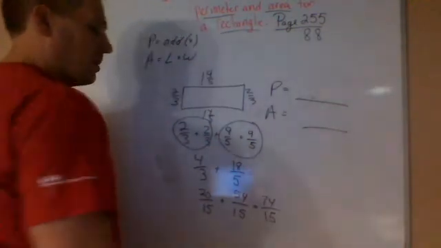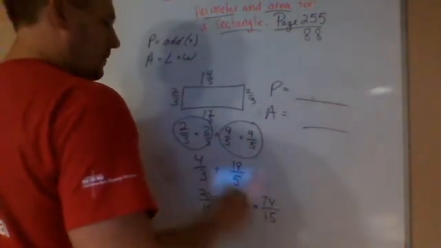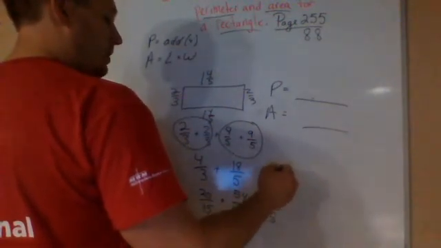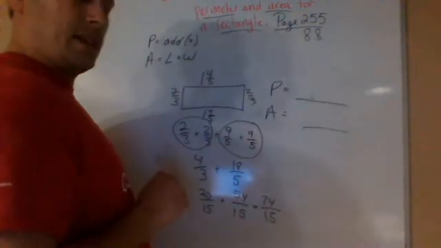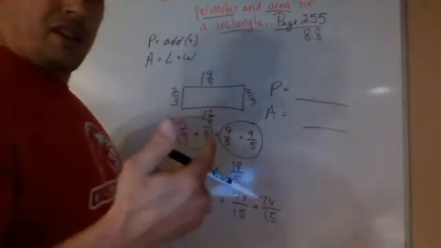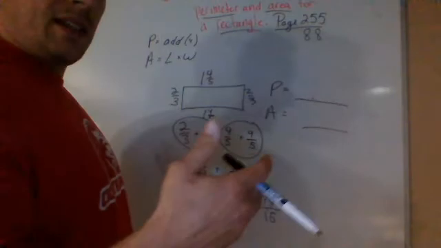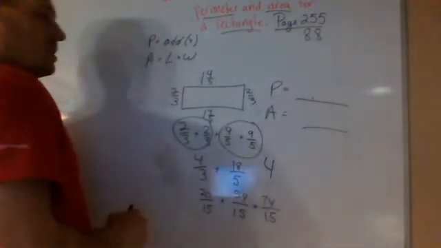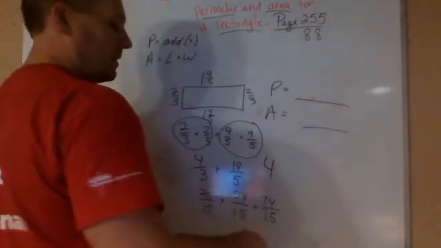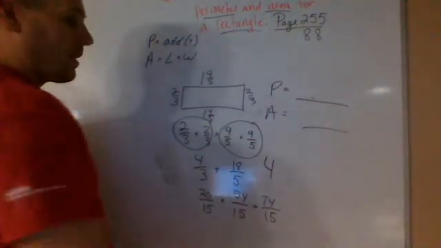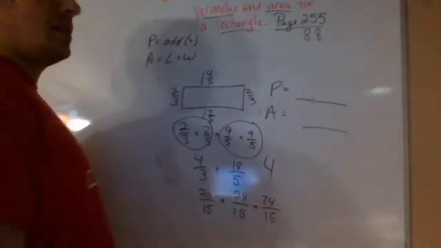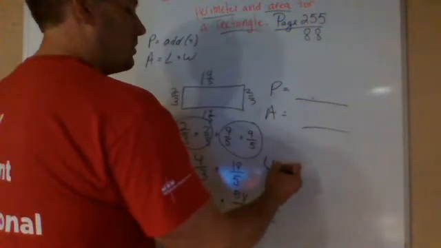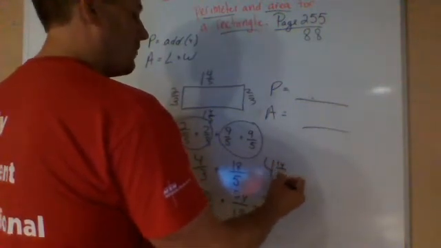So 5's too much, so we have to make it a 4. 4 times 15 is 60, so we were still far away. So 74 minus 60 would be 14. So it's actually 4 and 14 fifteenths.